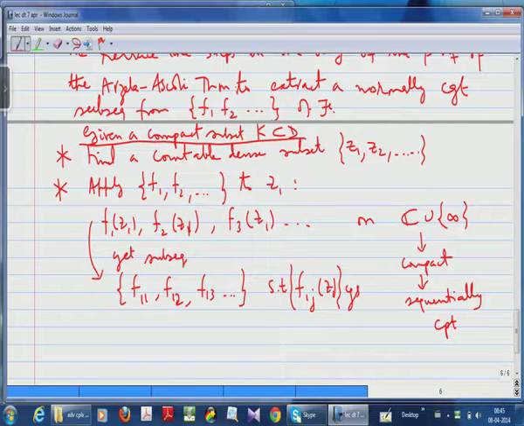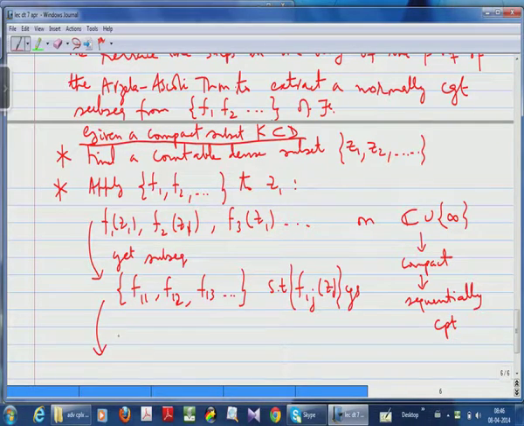Okay, so this is the key step. This is the key point of difference. When we were looking at real or complex valued functions, when you applied the sequence to a point, you got a real sequence or a complex sequence, but then you extracted a subsequence because you knew it is bounded. And where did the boundedness come from? It came from the uniform boundedness of the original family. But now you don't need any uniform boundedness in this case to extract a subsequence, because the values are already being taken in the extended complex plane, which is compact, and it's already sequentially compact.